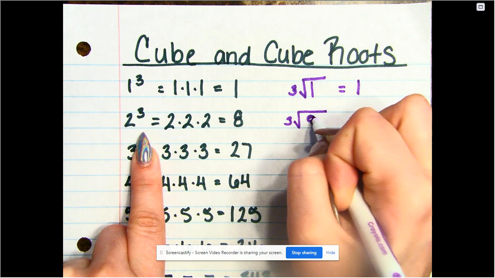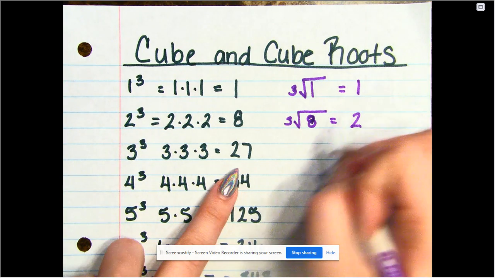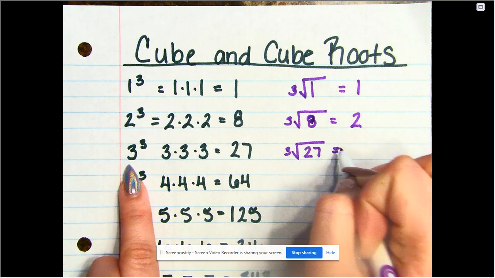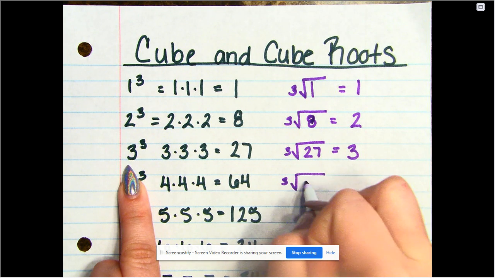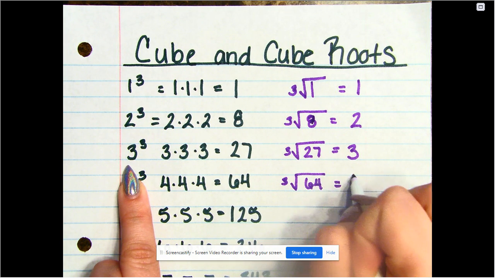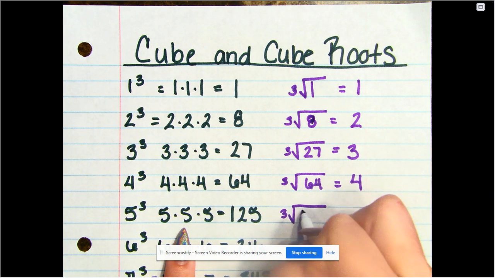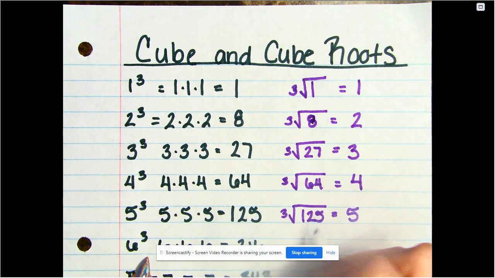of 8 is 2. The cube root of 27 is 3. The cube root of 64 is 4. The cube root of 125 is 5. The cube root of 216 is 6.